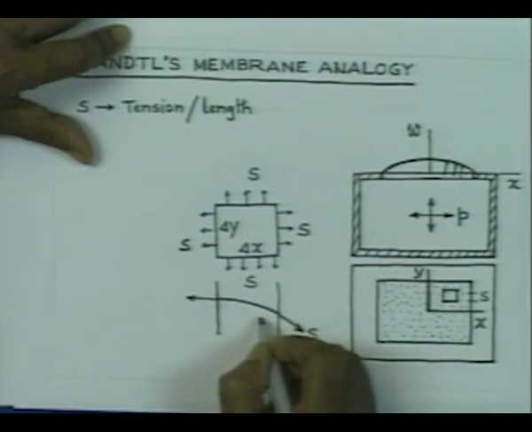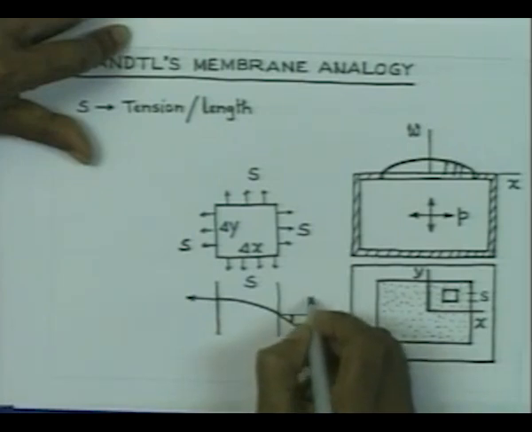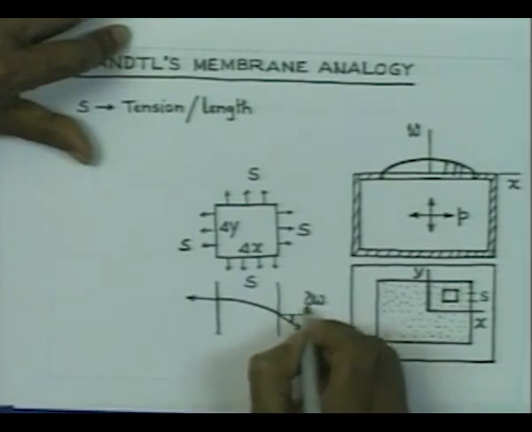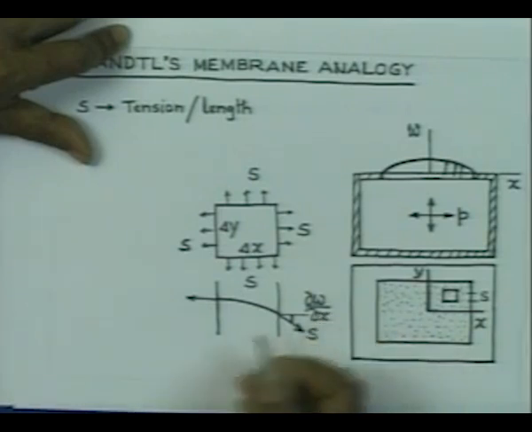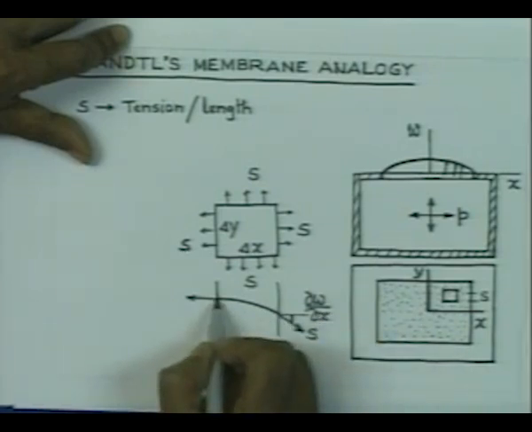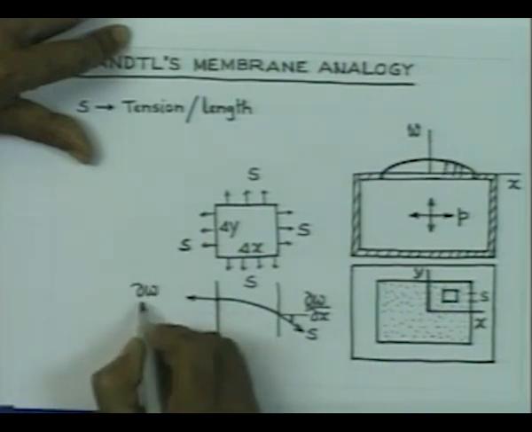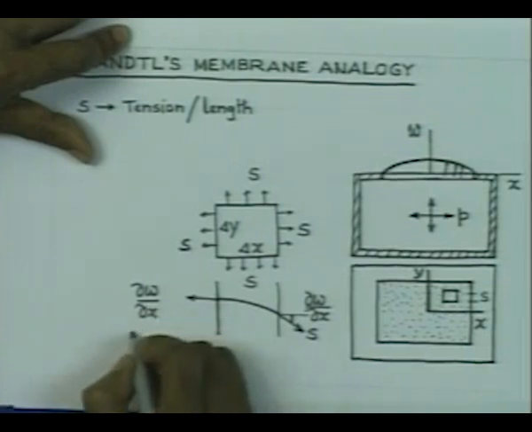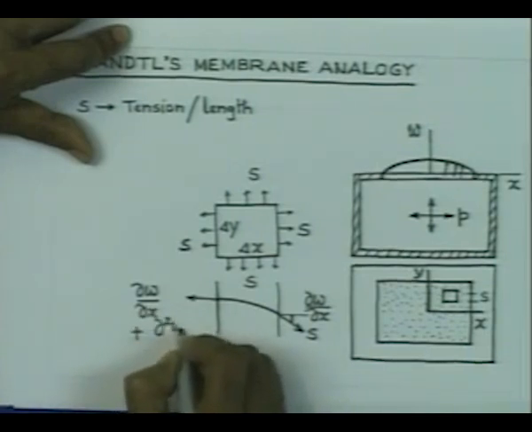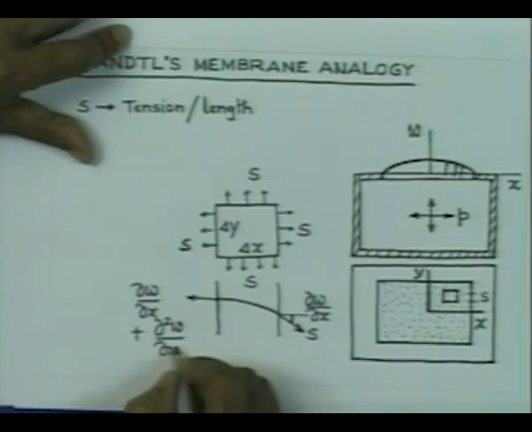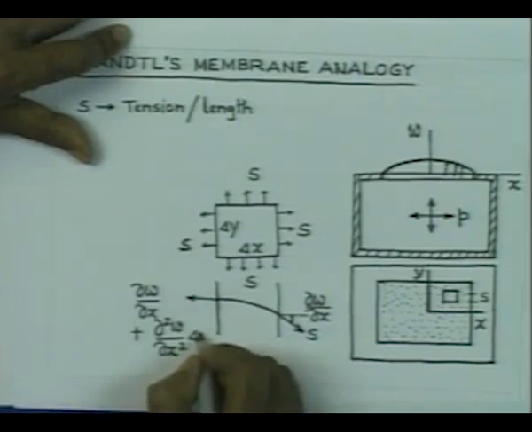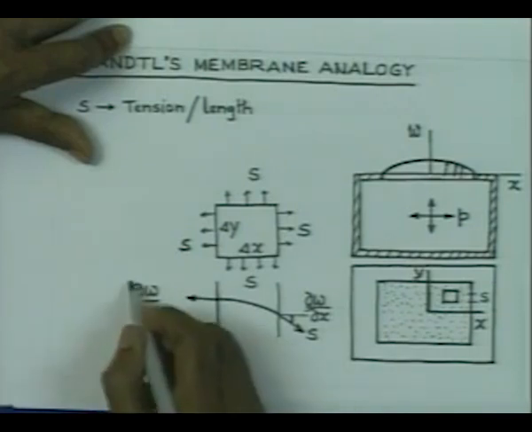Now, let us say that the slope here is delta W by delta x, and as we move to this one, there is a change in slope. Let us consider that this slope is equal to delta W by delta x plus the rate of change of delta W by delta x with x, that is, delta squared W by delta x squared multiplied by delta x. So, the slope here is like this.